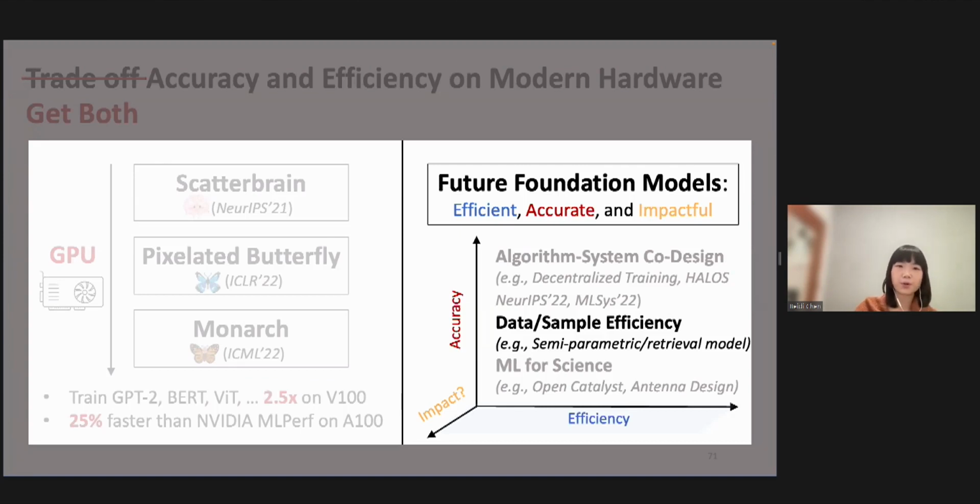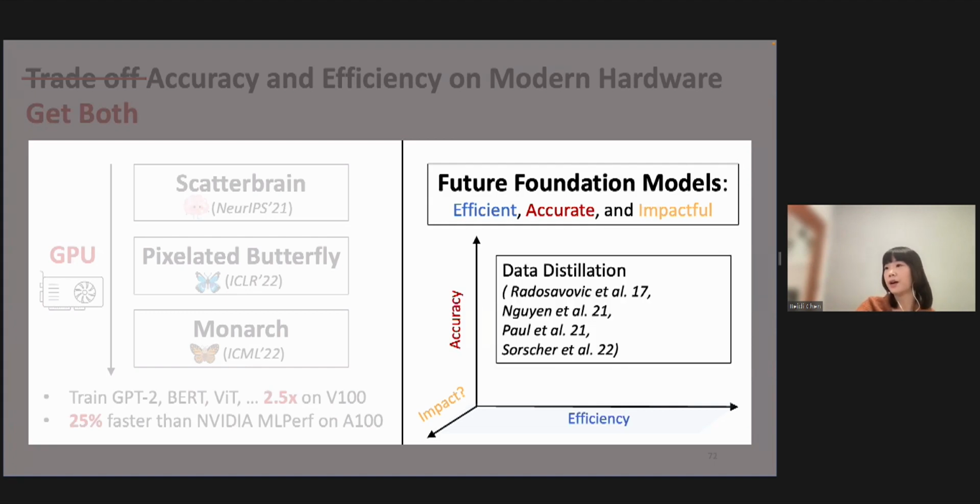And also, another very exciting thing is data and sample efficiency. You probably heard this swing from model-centric to data-centric AI. It's possible we can find structures in data and speed up training from a different angle. The central question is, what is the scaling of training data for a model to reach a certain quality?